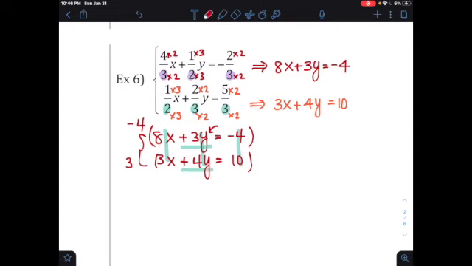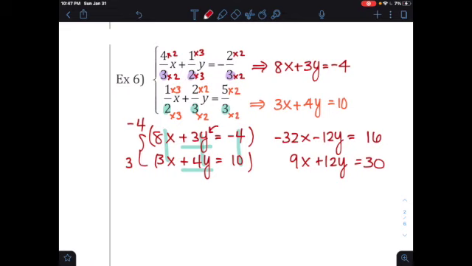So let's distribute them and see what we get. So you got negative 32x minus 12y equals negative 16, positive 16, because negative times negative is positive. And then you have 9x plus 12y equals 30.